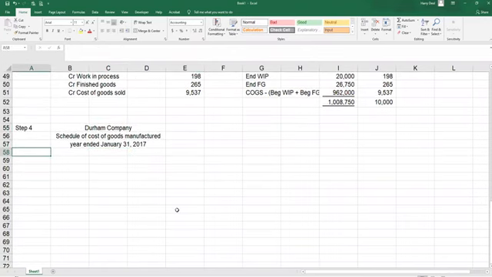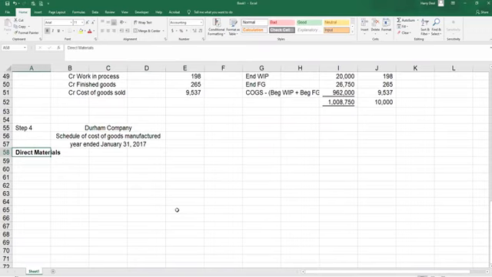Okay, so we know what a schedule of cost of goods manufactured looks like. You want to start with direct materials. For direct materials, you will begin with the beginning raw materials inventory, add raw materials purchased, which gives us raw materials available for use.